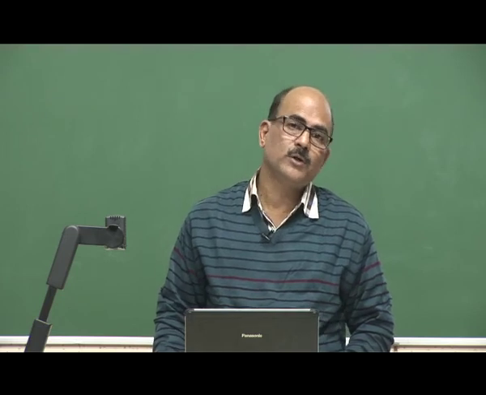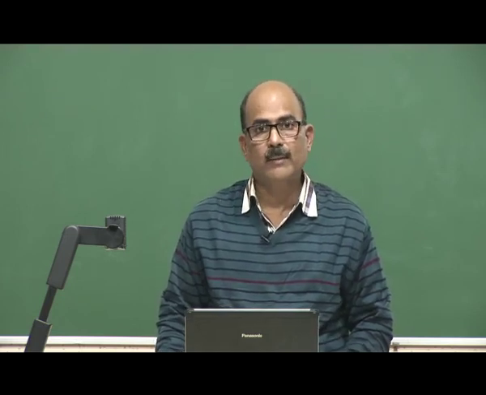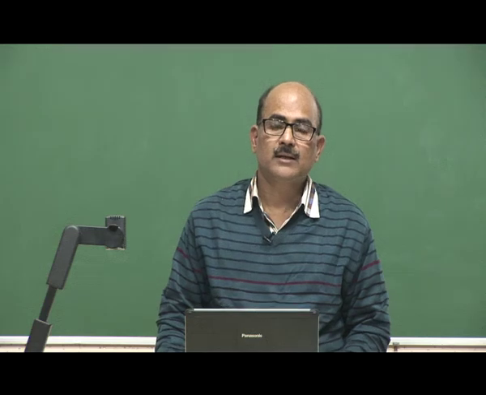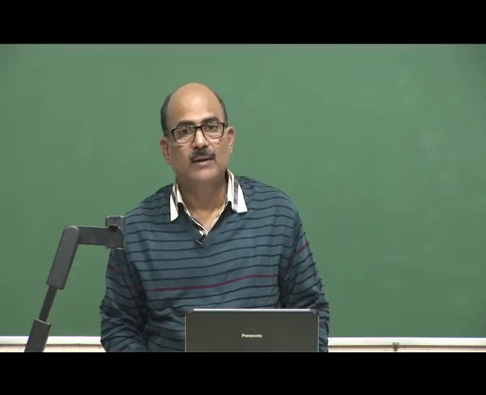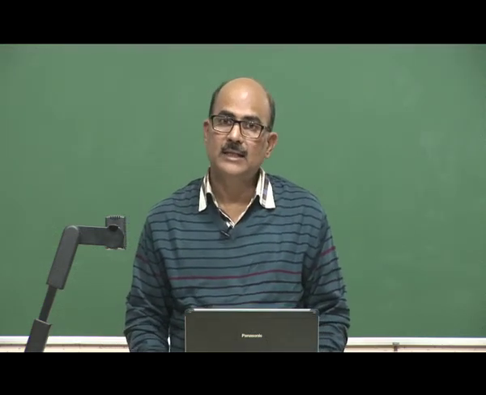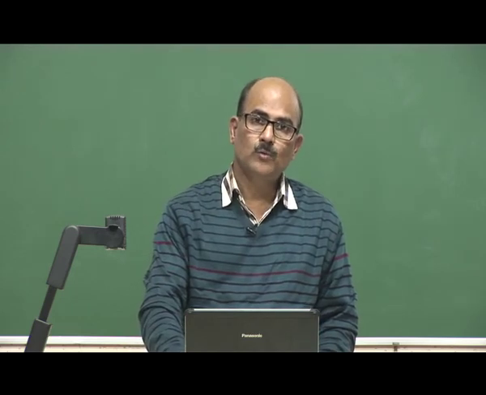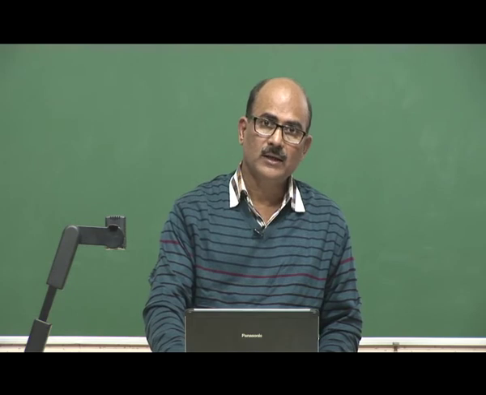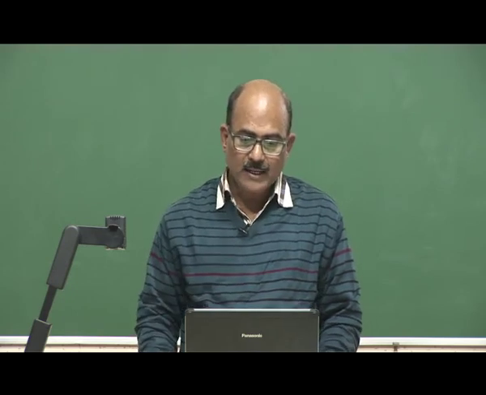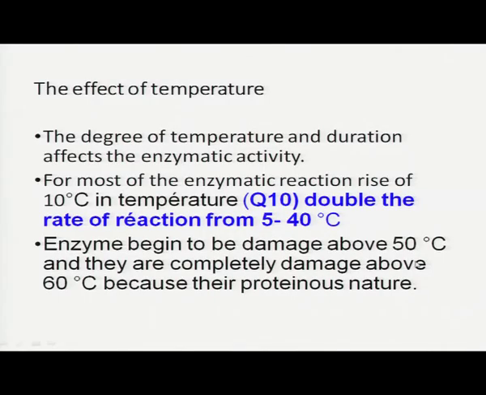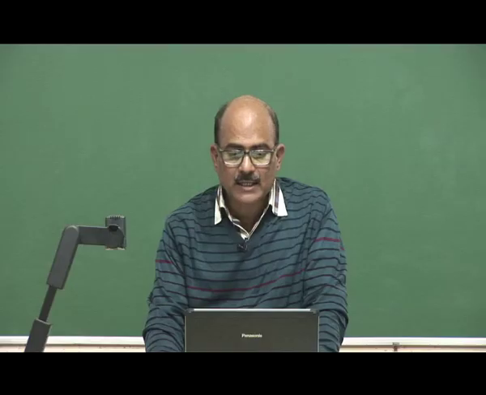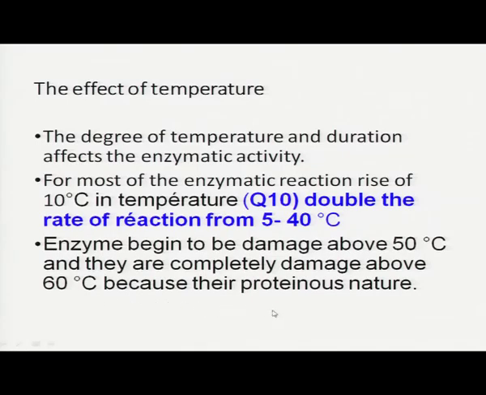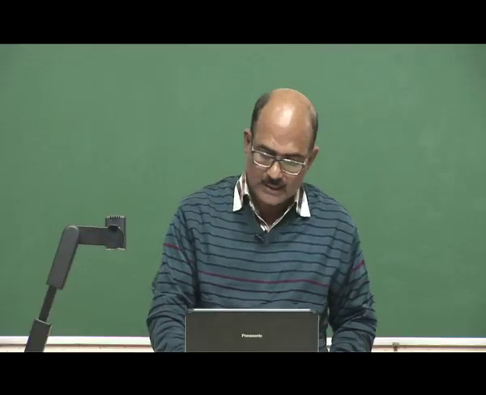When we go beyond 40 or 45 degrees centigrade, as we have seen in the previous graph, the enzyme becomes denatured, which has an adverse effect on the product formation. Enzymes are damaged above 50 degrees centigrade, and completely damaged above 60 degrees centigrade because of their proteinous nature.